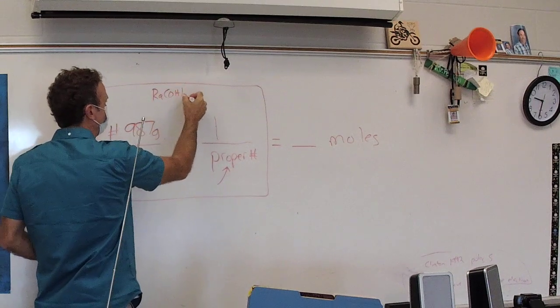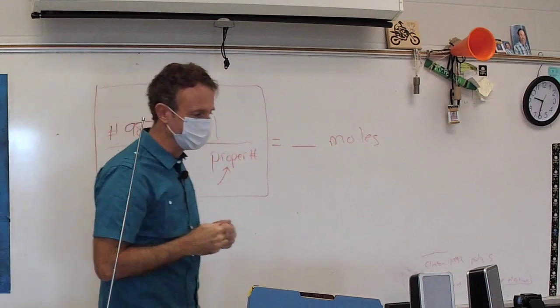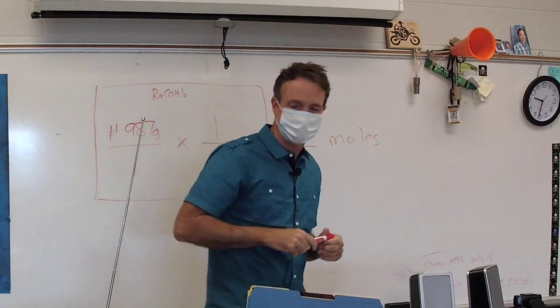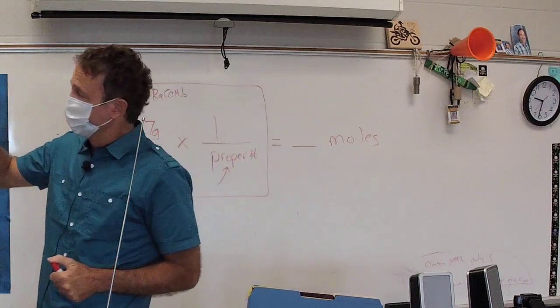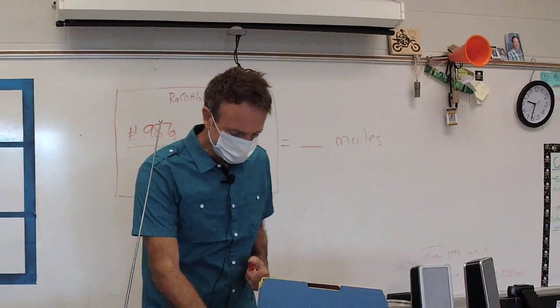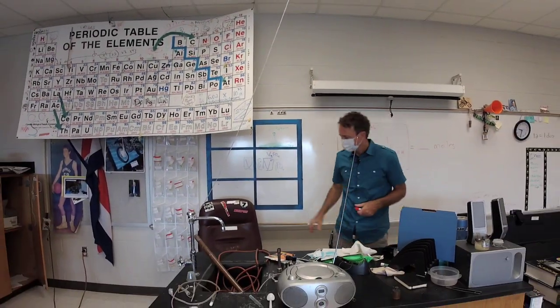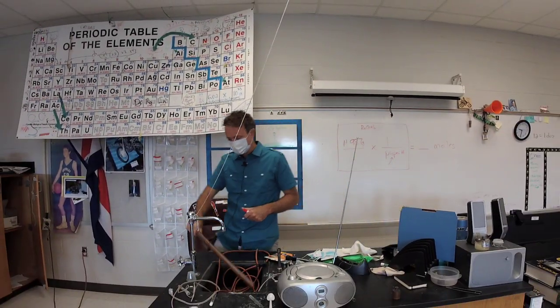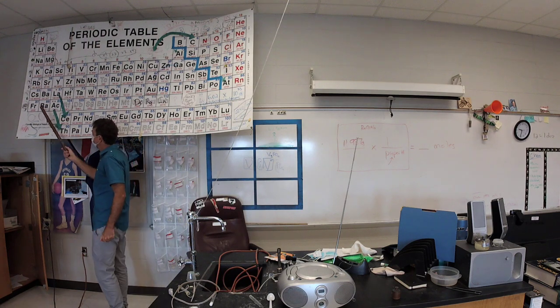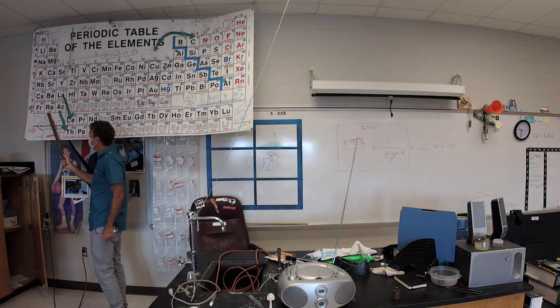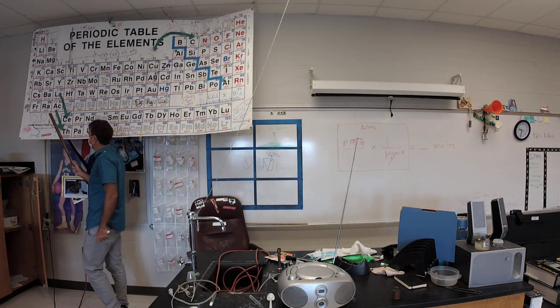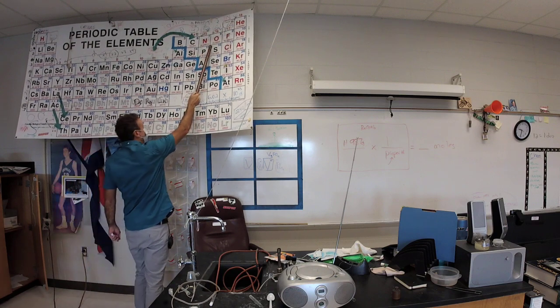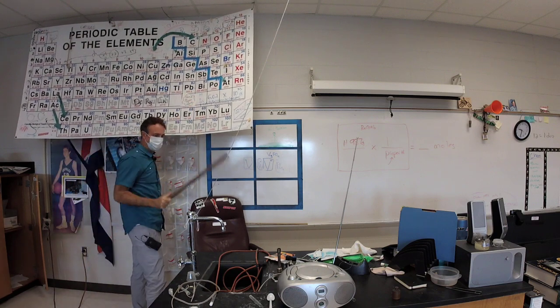RaOH2. I'm almost positive that was probably supposed to be barium hydroxide, but what the heck? We look on the periodic table, okay? If you look right here on the periodic table, you'll see that radium has a weight of 226. Oxygen is 16, hydrogen is 1.